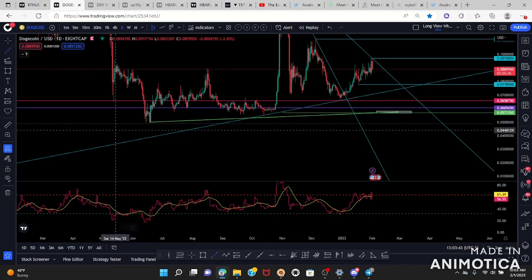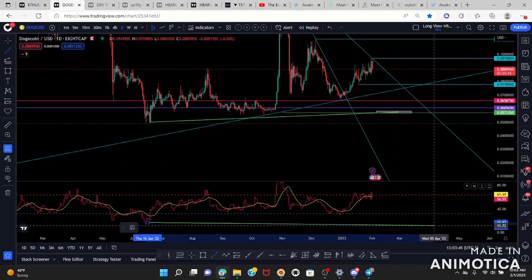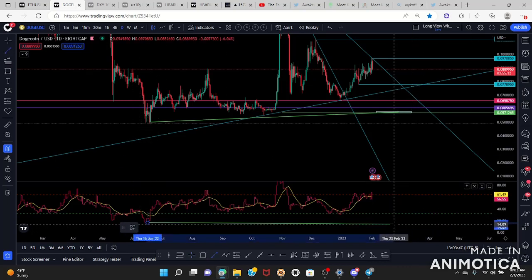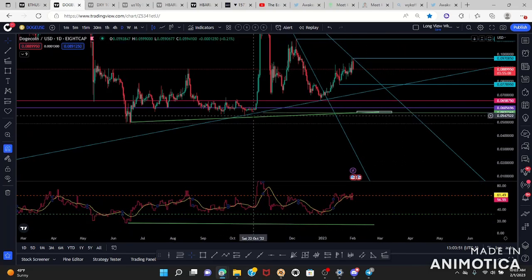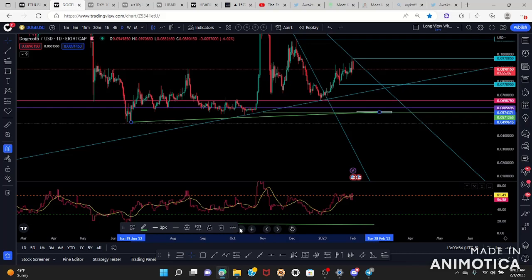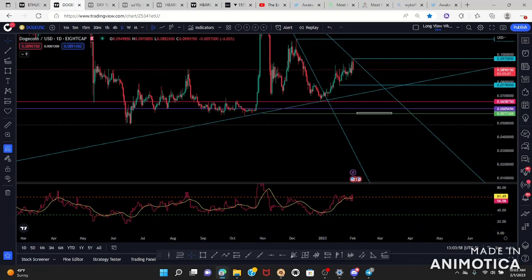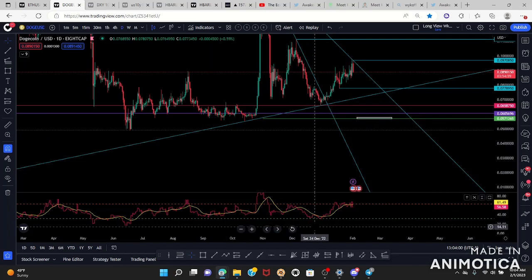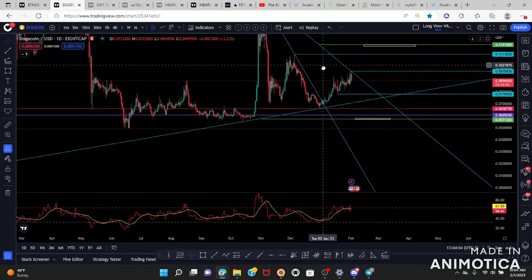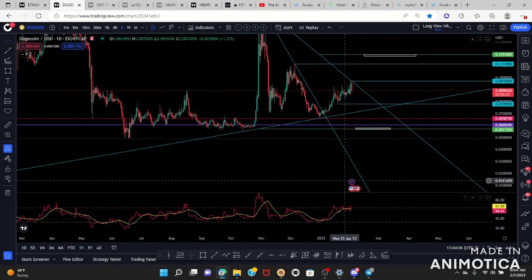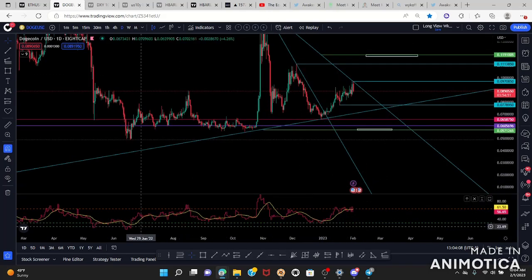Just throwing it out there. What about if we get a divergence here? I'm always thinking in the future. Never know. Okay. So nothing noticeable right now. Trying to see if I could find divergence.